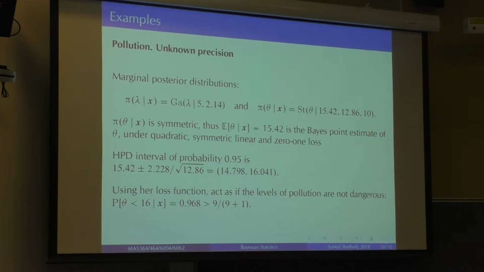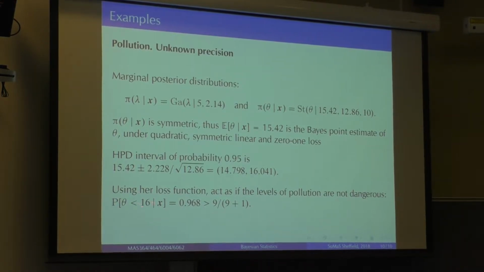Okay? And if we want to test the hypothesis that the levels are safe, which means that theta is more than 16, we can again calculate that probability using, in this case, R. And in this case, we obtained 0.96, which is still larger than 0.9.